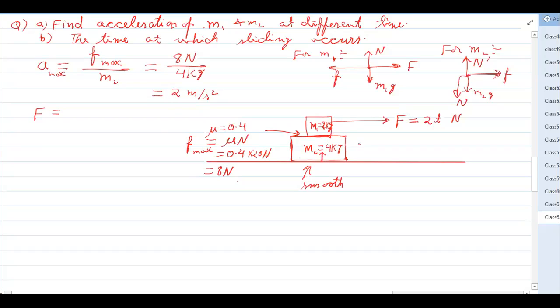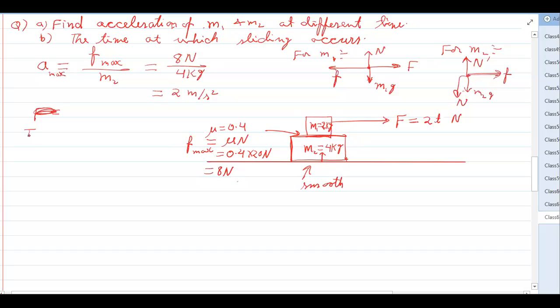Because if friction is acting at its maximum value, it means sliding occurs. If we consider anything less than that maximum, there is no sliding and the two objects will move together.